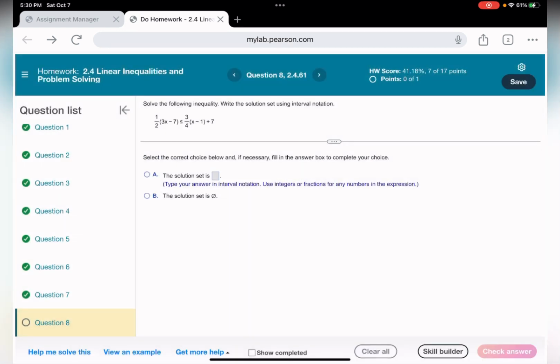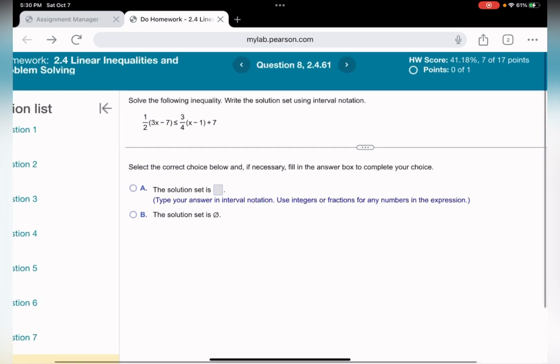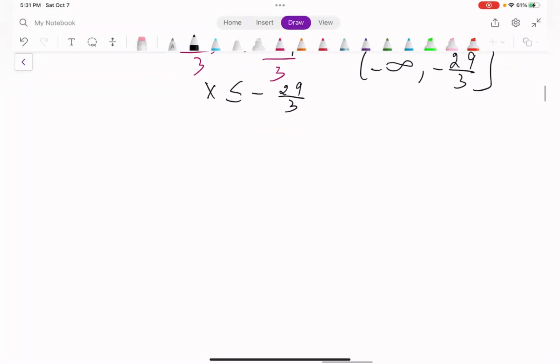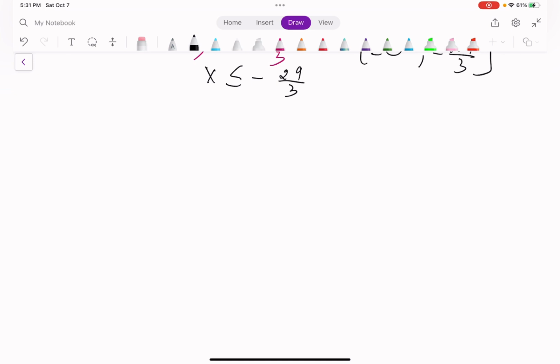All right, question number 8. Let's solve this one real quick. 1/2 times 3x minus 7 less than or equal to 3/4 times x minus 1, plus 7.